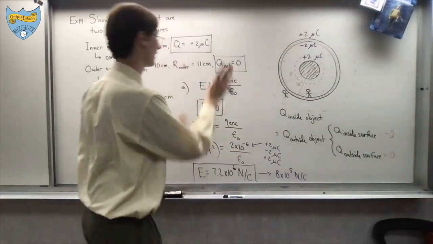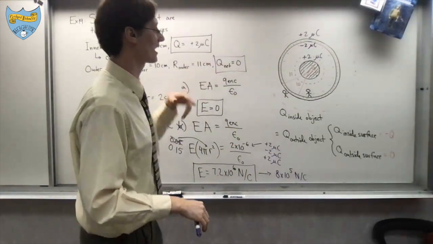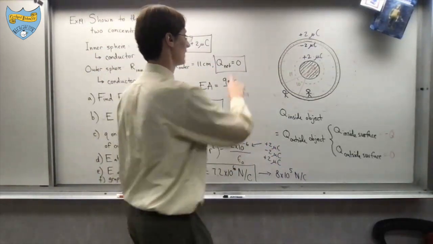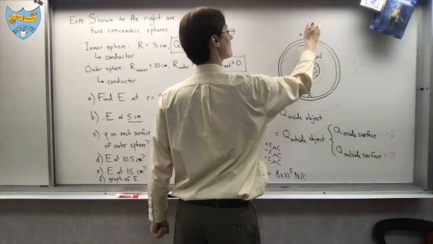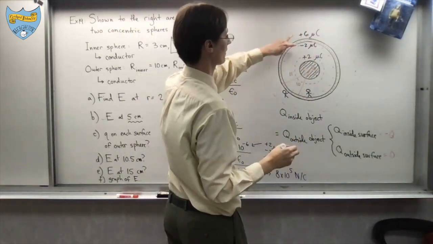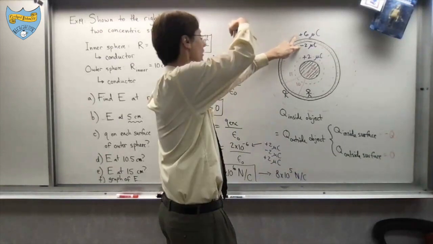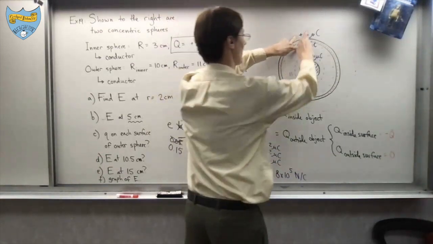If they had said, right at the start, Q net is, I don't know, plus 4 microcoulombs, then this would have been 6. So that the -2 and the 6 could add up to the 4 that I hypothesized there.